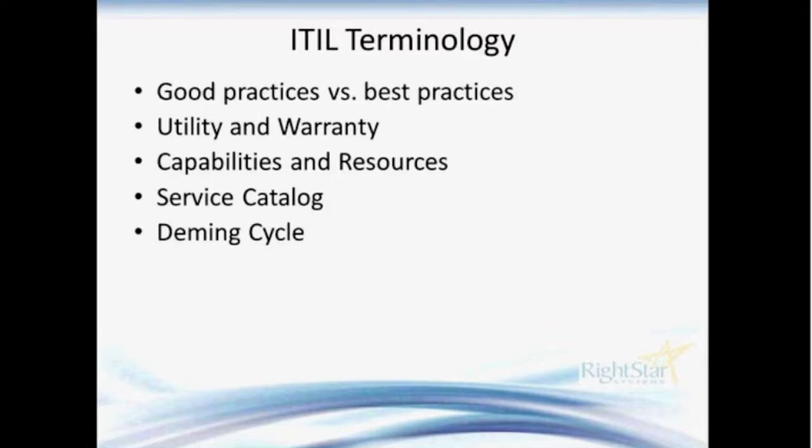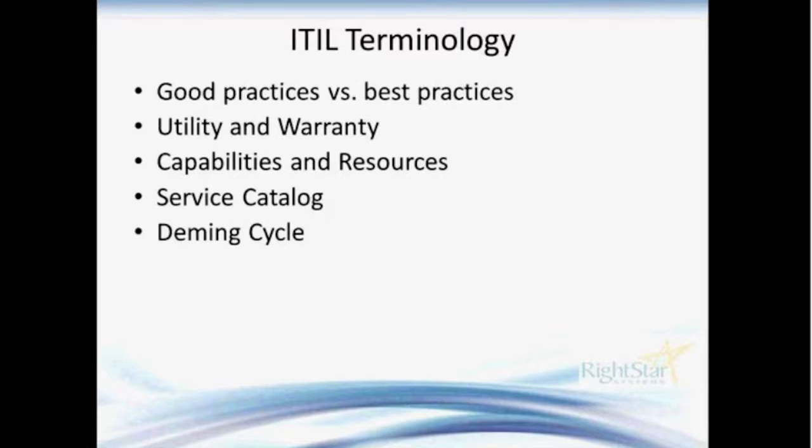Some of the other terminology, and especially relevant to what we're going to be going over today, are things like utility and warranty. So when we talk about providing value for the services that we are offering in IT, we want to be sure that we have the appropriate levels of utility and warranty, and they're both equally important. Utility roughly translates to the requirements or the features.